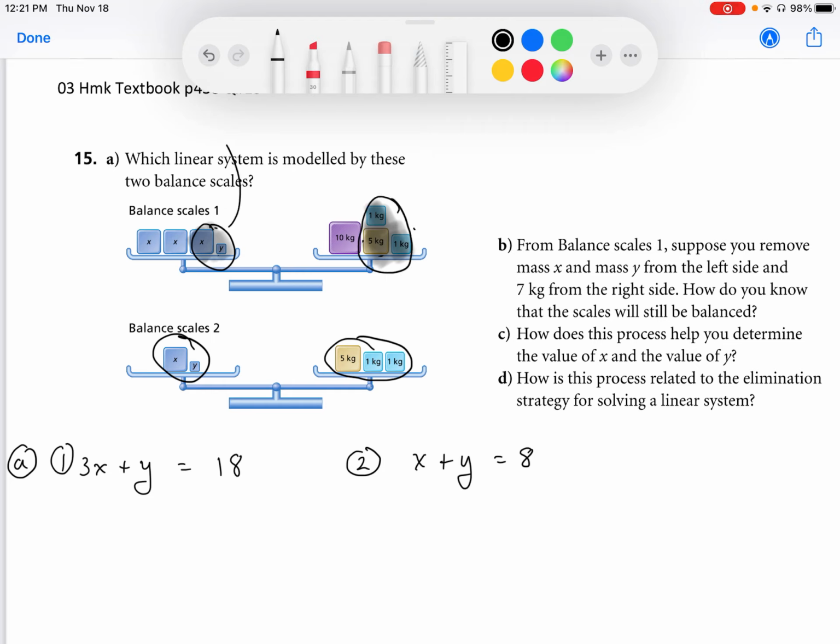So if these come off, it's taking off the same amounts from both sides, because I can see on the second balance that they are equivalent. So this will still be balanced because x and y balances 7 kilograms. Well, I think I've counted this incorrectly. This is actually 17 and 7.